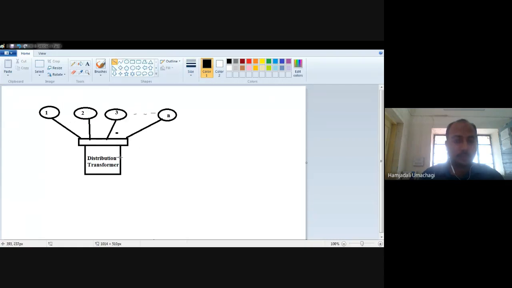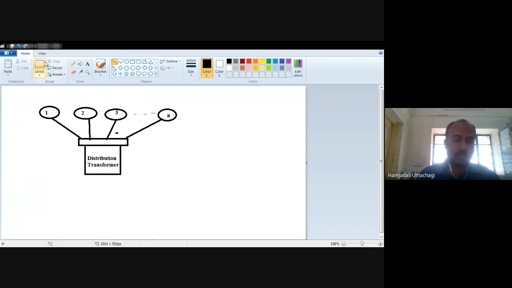To this transformer, there will be n number of consumers. So this will be house number 1, house number 2, house number 3, and so on up to house number n. All these houses are receiving the power supply from this distribution transformer.